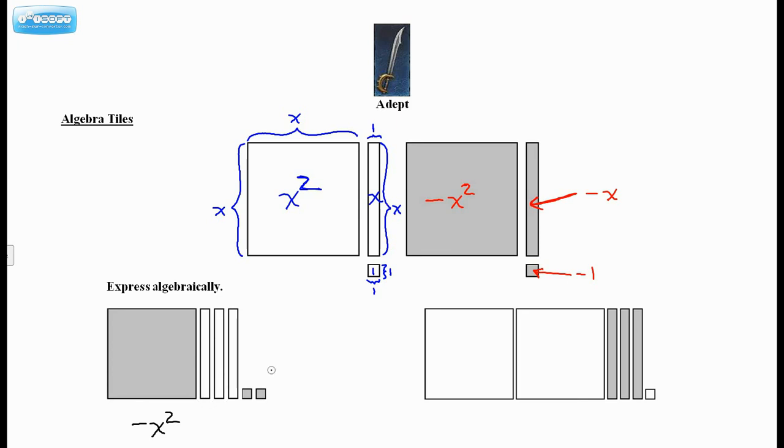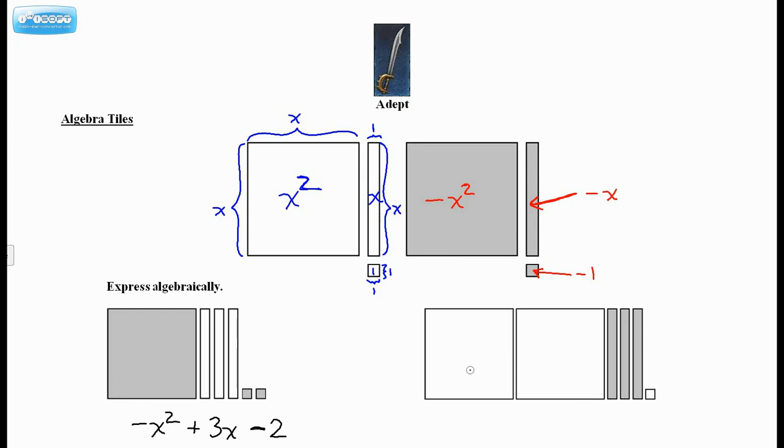Each of these bars represents an x tile, so I say plus 3x. Over here I have 2 little squares. Each square, in this case shaded, represents negative 1, but there's 2 of them. So this set of tiles is a visual representation of this trinomial, negative x squared plus 3x minus 2.